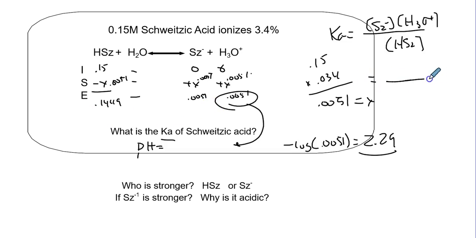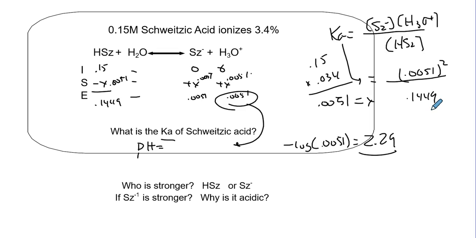So this is just going to be 0.0051. I'm going to square it because I've got two of them. And then 0.1449. And that will equal this guy. Okay, so we got here 0.0051 squaring this thing.